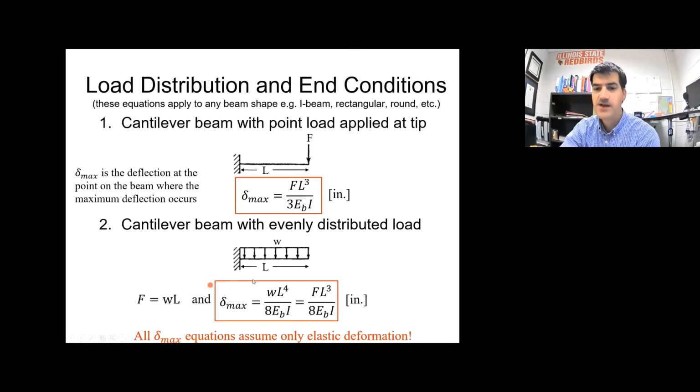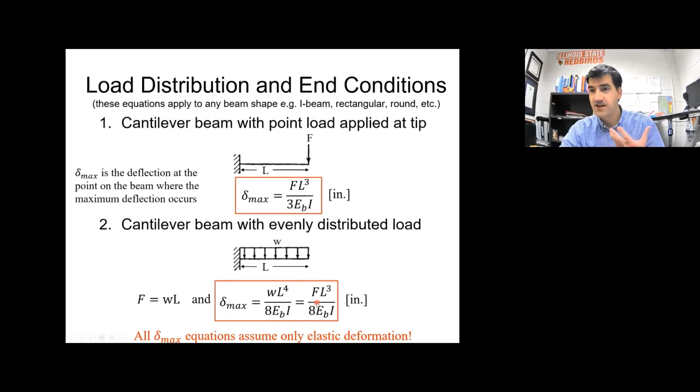What I would recommend is you don't really need to remember this part right here. I would not use it. Instead, use this equation to find the total force given the uniformly applied load and the length or span of the beam, and then apply that F to this equation right here.